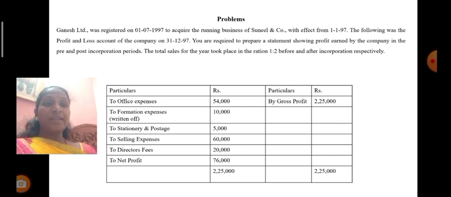On the credit side, gross profit is given. So we need to find which items are to be allocated in sales ratio and which in time ratio. If we find those out, we can easily solve the problem.